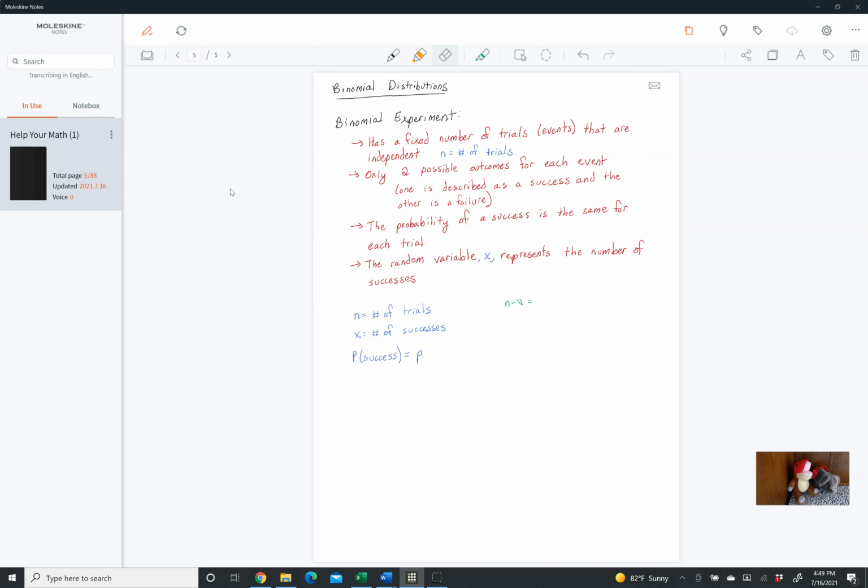So n minus x is the number of failures. If I have 20 events and 10 of them are successes, then 10 of them must be failures. If I have 20 events and 3 of them are successes, then 17 of them must be failures.